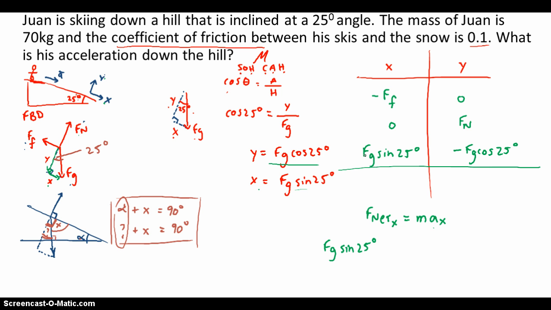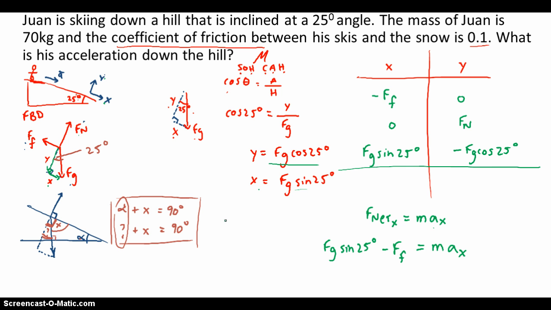I'm going to put this one first because it's positive. You could have put negative force of friction first if you'd like. These are all the forces if we add them up in the x direction. That's our mass times our acceleration in the x direction. This is what we're looking for, the acceleration. So let's see if we can solve it right now.